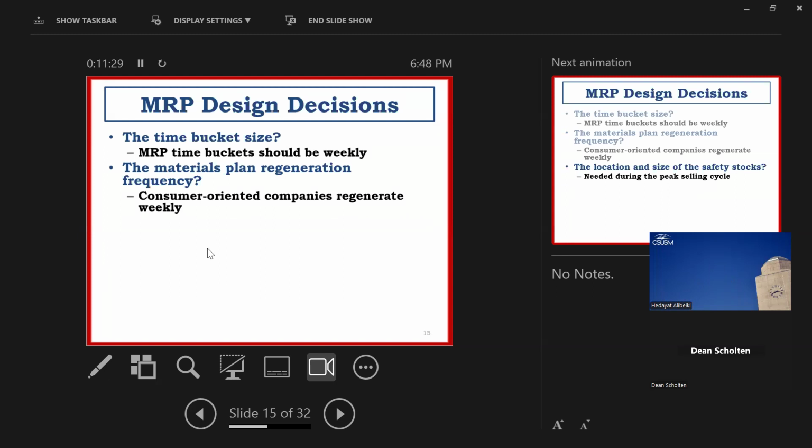If MPS was monthly, if we went from quarterly in aggregate time to monthly for MPS, weekly actually looks like a solid choice, right? So we just break it down and move it. But there are also companies that do daily MRP, companies that go shift by shift, or hourly.